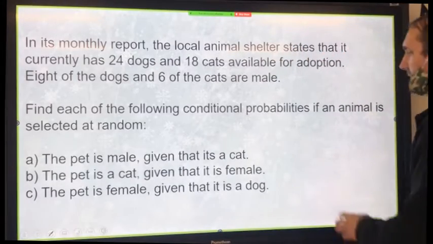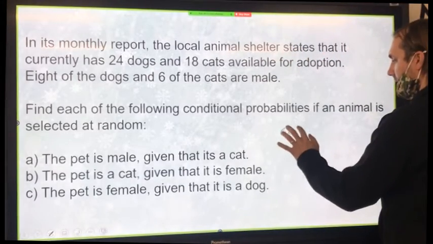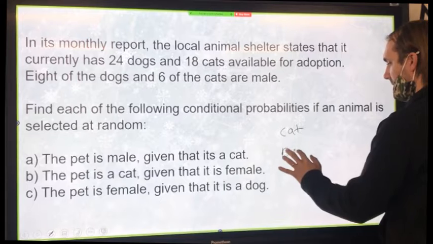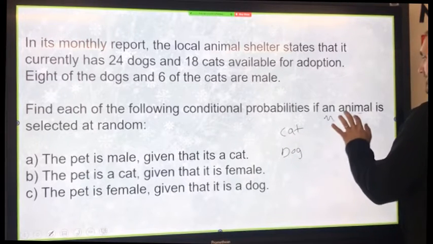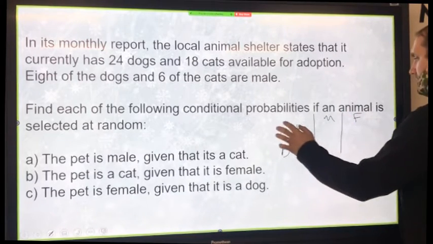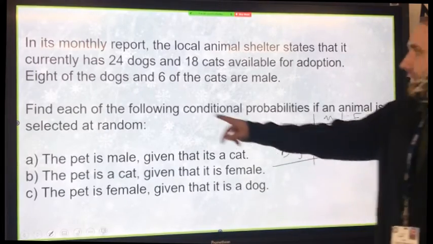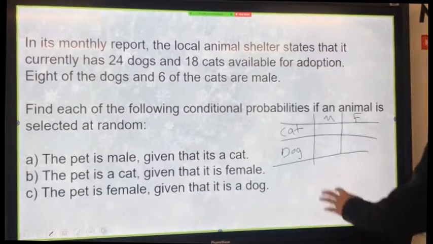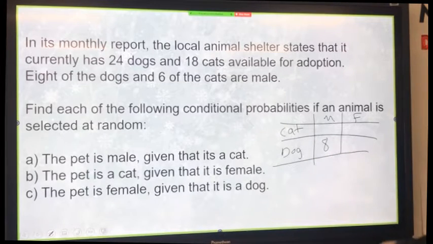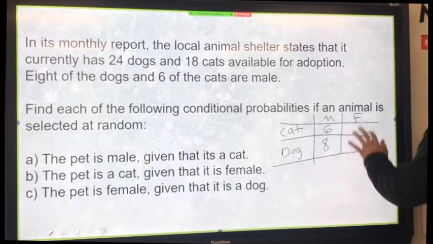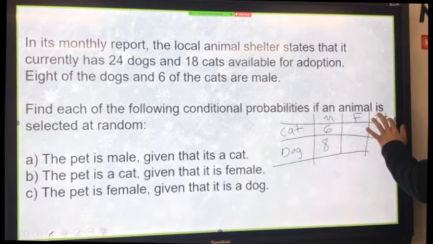Let's do a table here. I have cats, dogs, and they're either male or female. Now, dogs, I know I have 8 males. In cats, I have 6. I also have total.